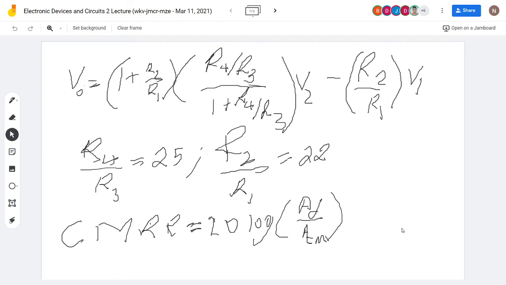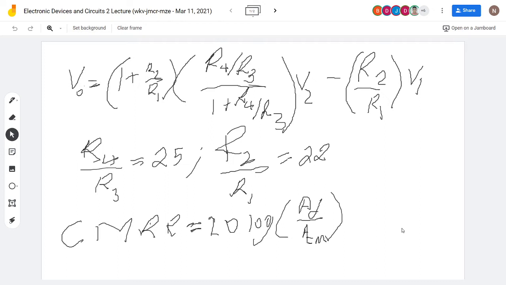But just for a reminder, what does AD equal again? The coefficient of the V2, sir. Okay, AD is a voltage gain, the differential voltage gain. True? Yes, sir. So we know what AD is, and we know what ACM is, the common mode gain.